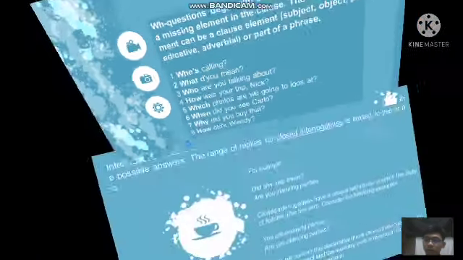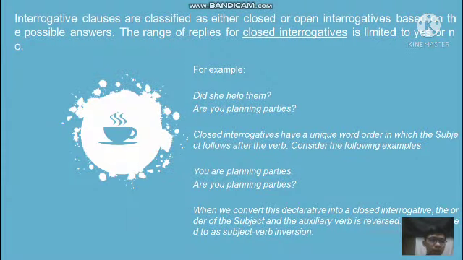Interrogative clauses are classified as either closed or open interrogatives based on the possible answers.